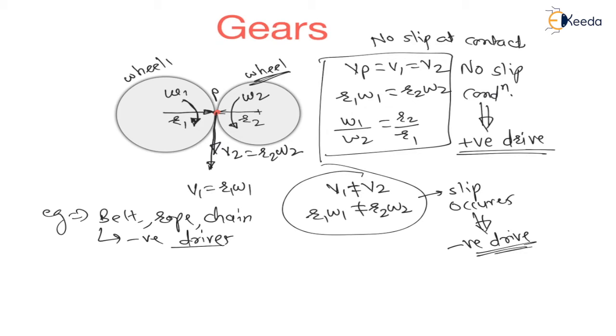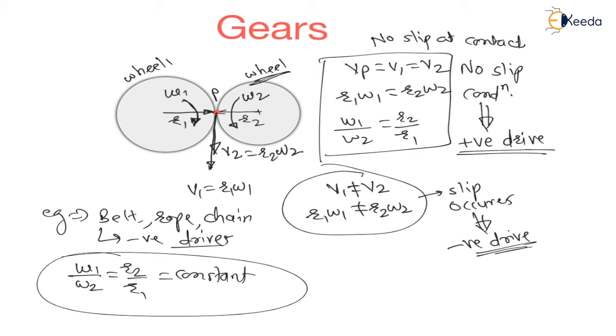For that, the velocity ratio omega 1 divided by omega 2, which is nothing but r2 divided by r1, needs to be constant. That is, v1 is equal to v2, so r1 omega 1 is equal to r2 omega 2. That means the no slip condition.